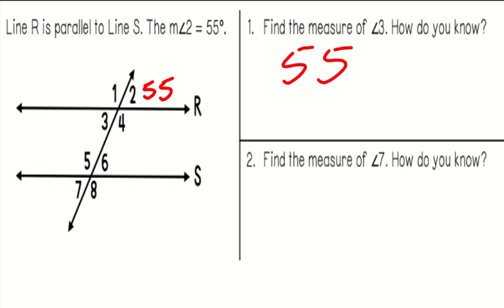Eric? 55. So if I look at 2 and 7, those are alternate exterior angles. You can also tell they're both the tinier angle on there, okay? Any questions on those?